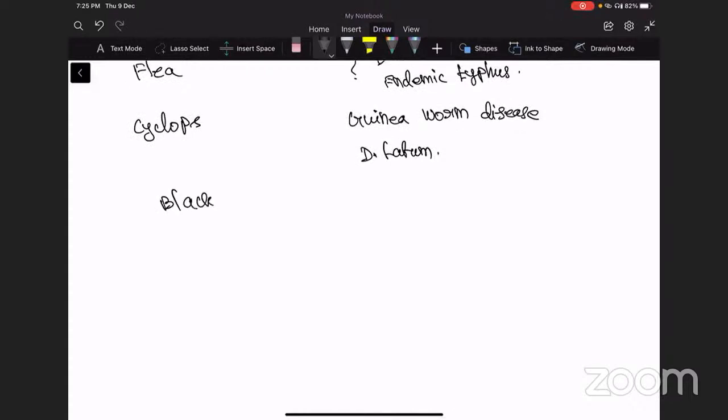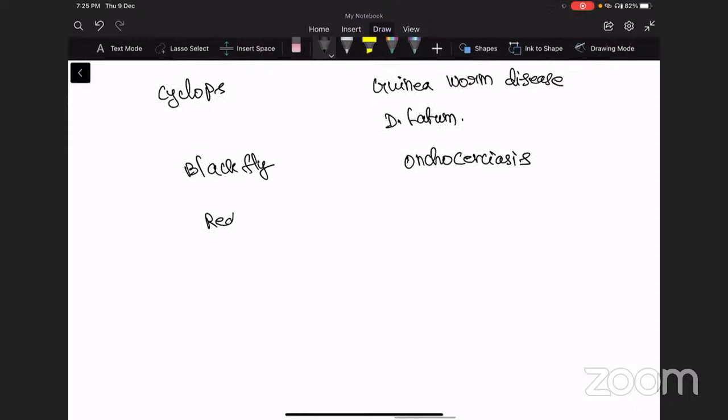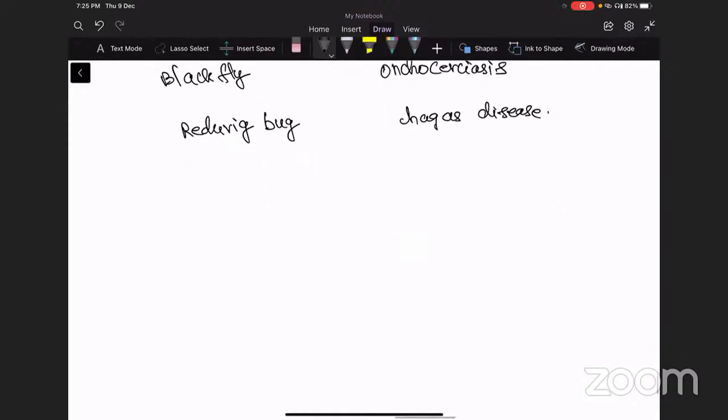Black fly is the vector for onchocerciasis, reduviid bug for Chagas disease, tsetse fly, the one that causes sleeping sickness, African sleeping sickness.